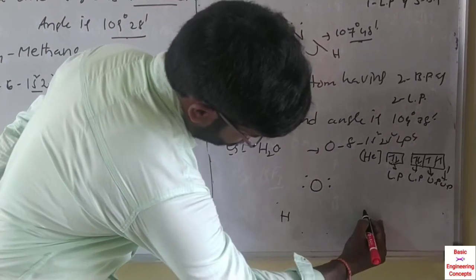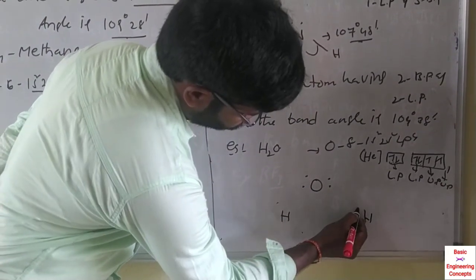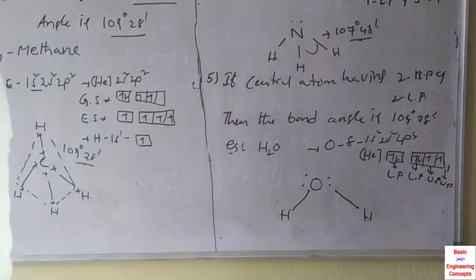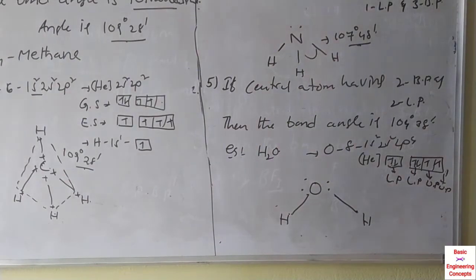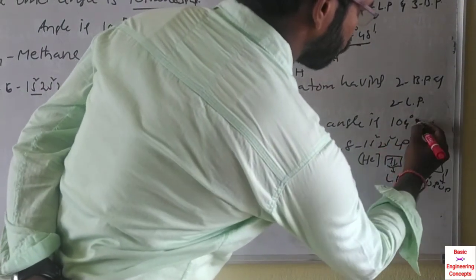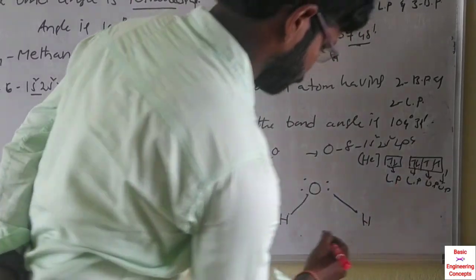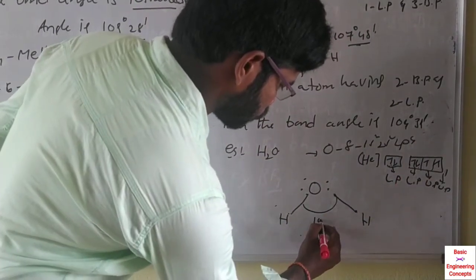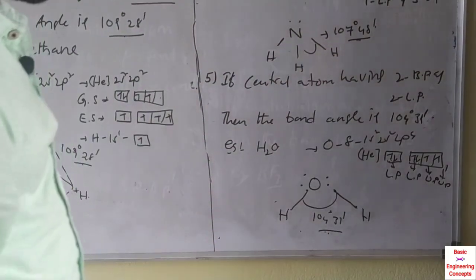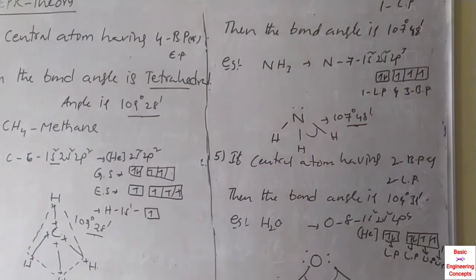Each hydrogen has a single electron, like this. The bond angle will be 104 degrees 31 minutes. These are the examples of VSEPR theory.